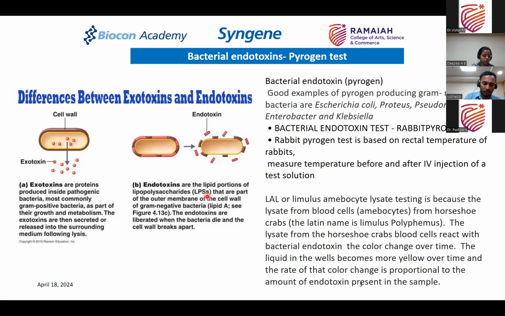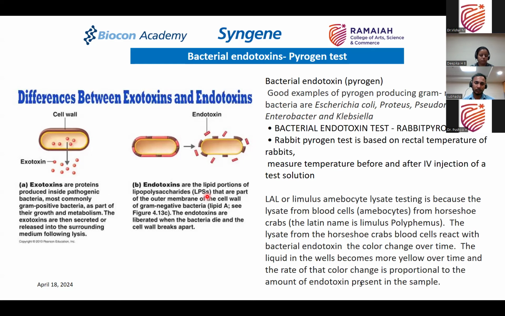Why does the temperature increase? If pyrogens are present in that particular sample. Pyrogens, in the sense, what? They are the lipopolysaccharides. Where can you find these lipopolysaccharides? If there is any contamination of gram-negative bacteria in that particular sample, obviously the endotoxins can also be detected.